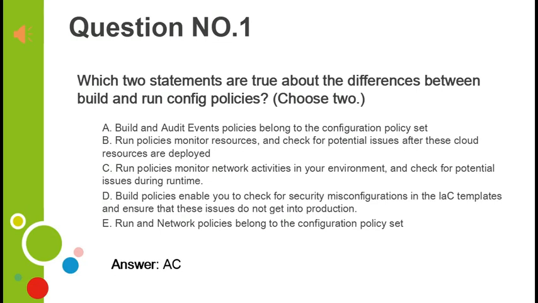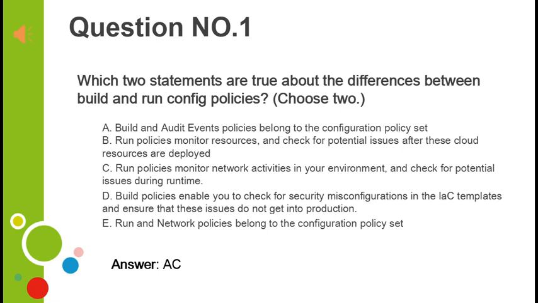Which two statements are true about the differences between build and run config policies? Choose two. A. Build and audit events policies belong to the configuration policy set. B. Run policies monitor resources, and check for potential issues after these cloud resources are deployed.